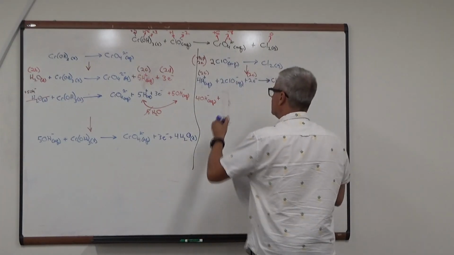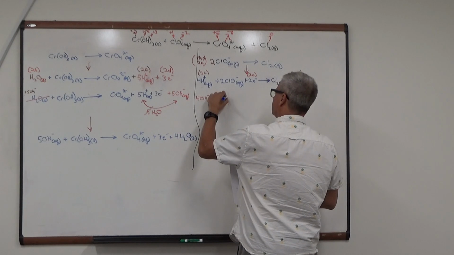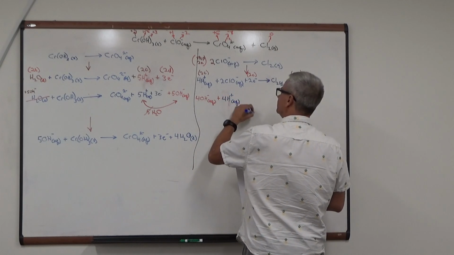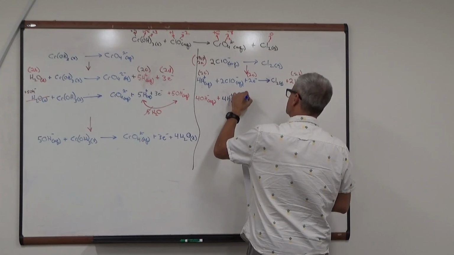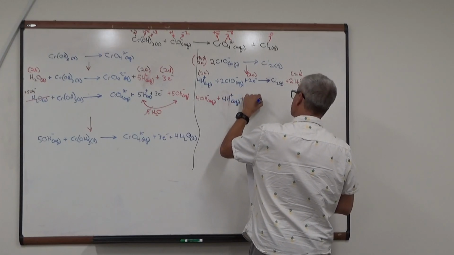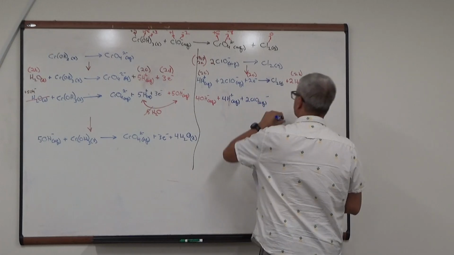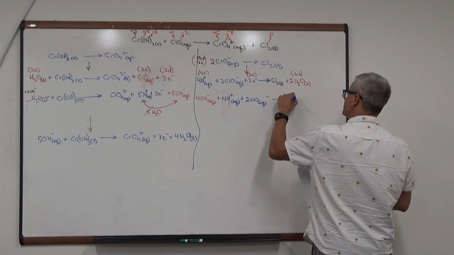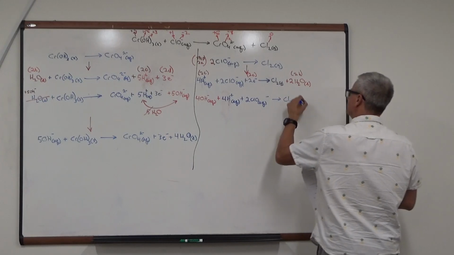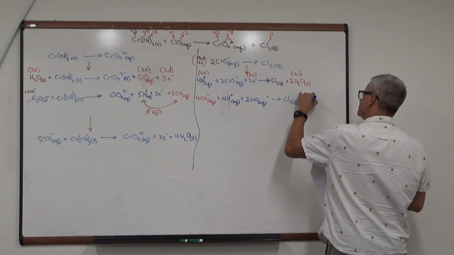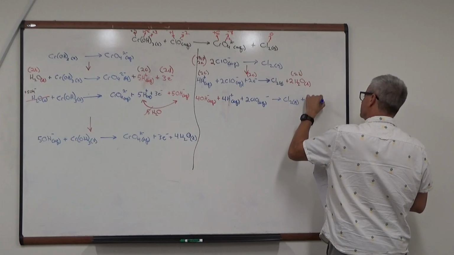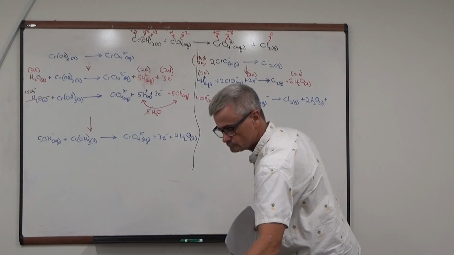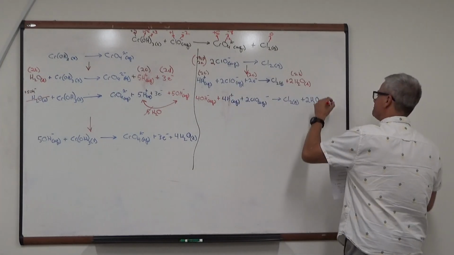There we go, it's helpful. 4H+, okay, plus 2 hypochlorites, okay, chlorine gas, right, plus 2H2O liquid, plus 4 hydroxide.